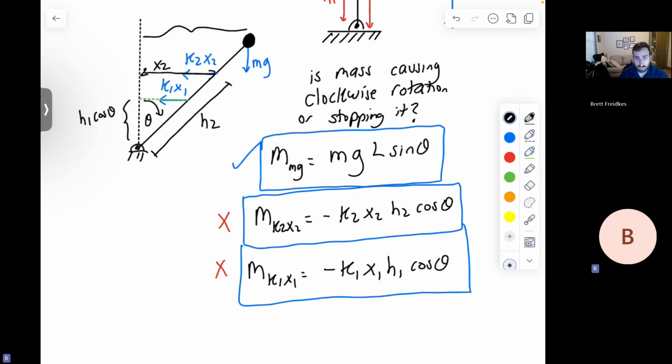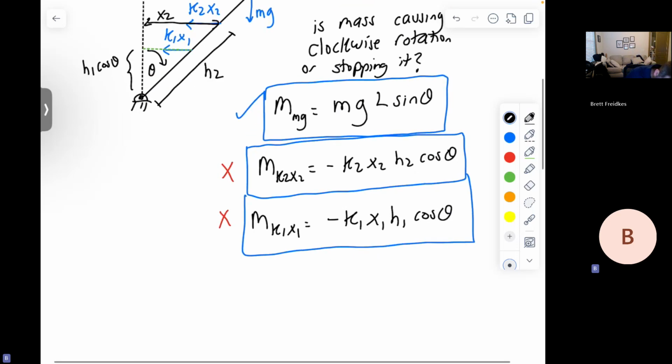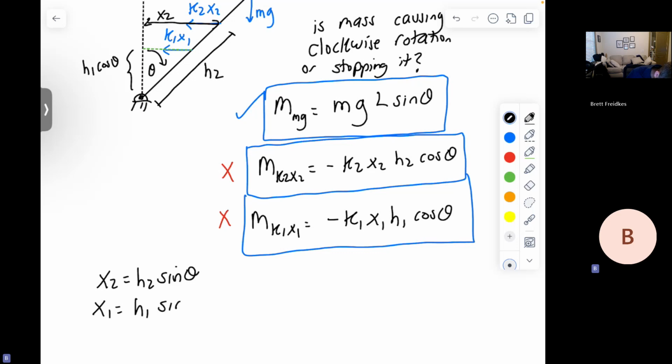That's how much the spring is compressing. That's going to be based on the right triangle where h2 is the hypotenuse. This is h2 sine theta. And similarly, x1 is going to be h1 sine theta. So those will be plugged into my equation for the moments.